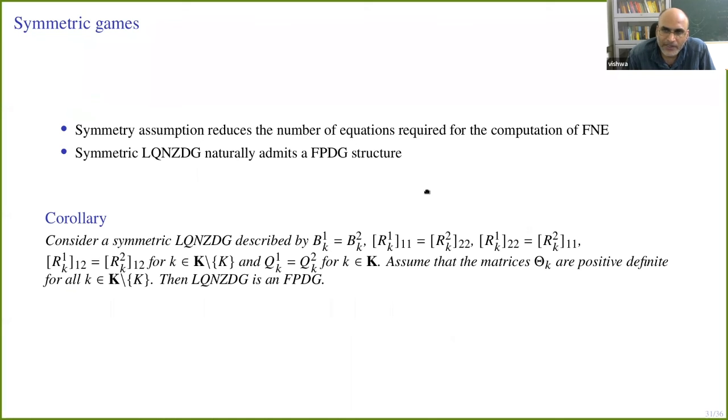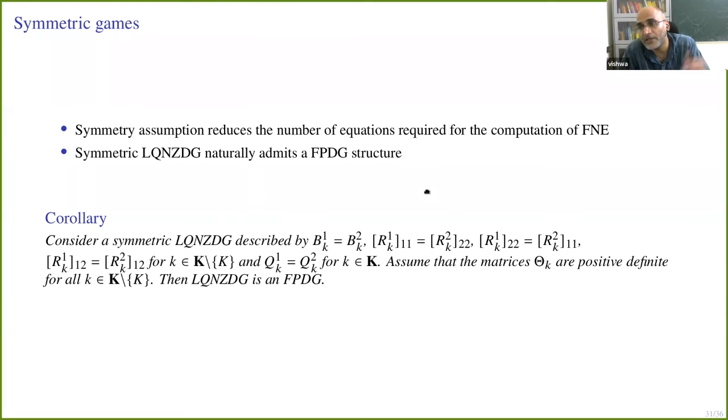In symmetric games, the computation of feedback Nash equilibrium is of considerably less complexity, because the number of equations required for computation is low. So a natural question that comes to mind is whether symmetric games naturally admit feedback potential game structures.